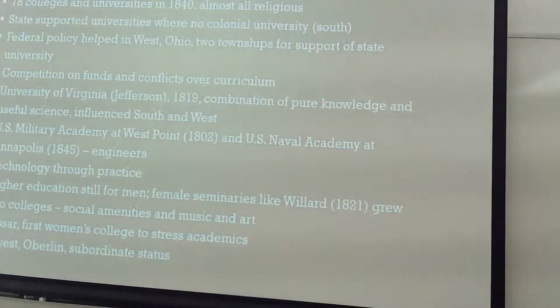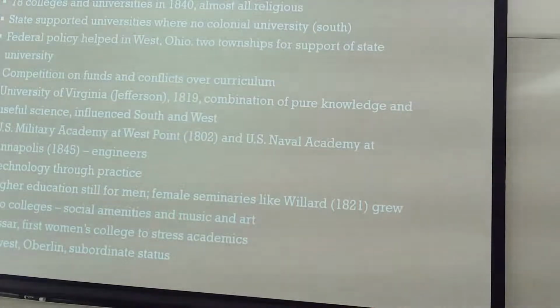The other part of that is a digression. A lot of technology was still learned through practice. You still had the apprentice system for a lot of trades, even professional trades. But higher education is starting to make inroads into that, where people are starting to be trained to be professionals in an academic setting.